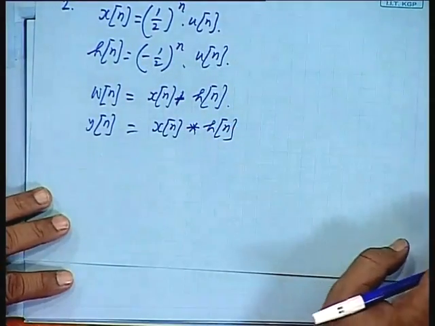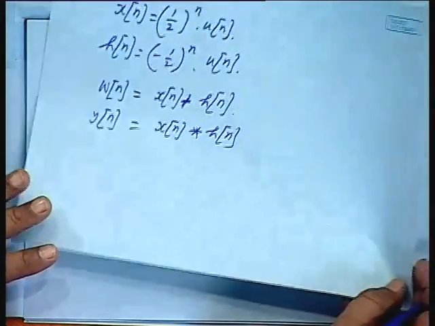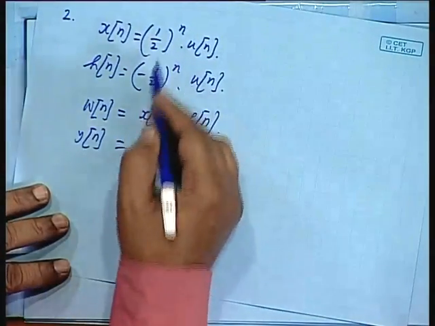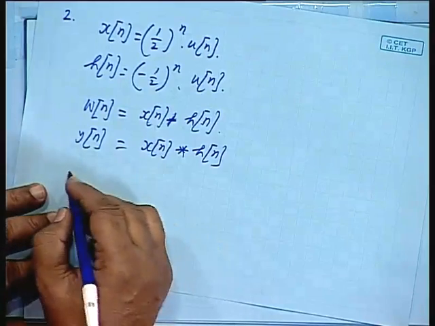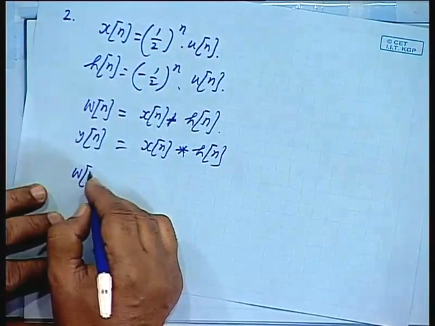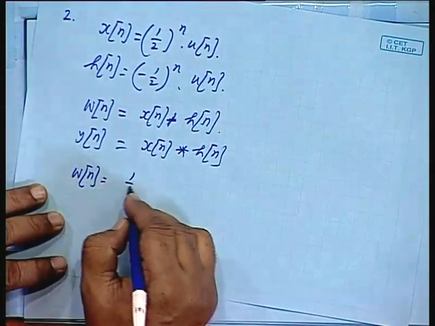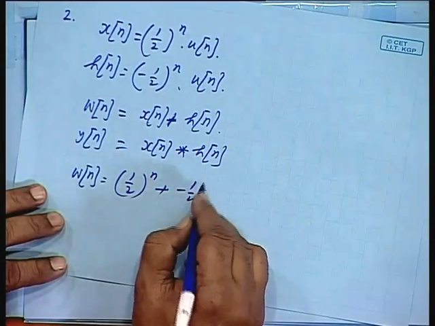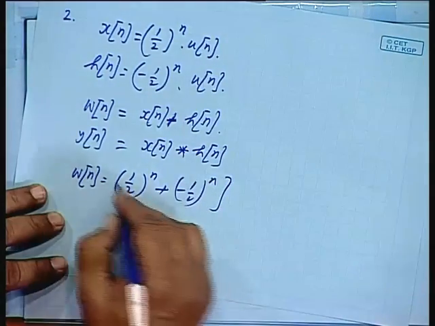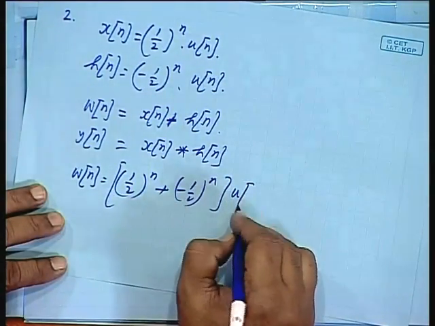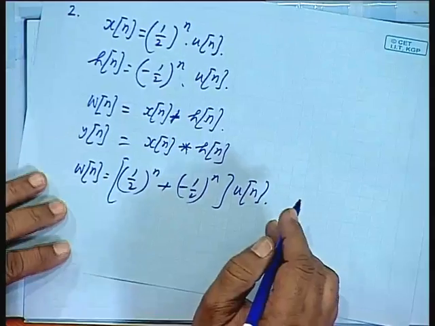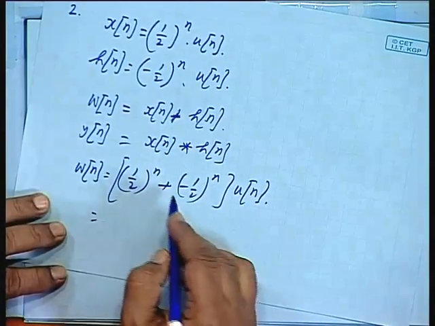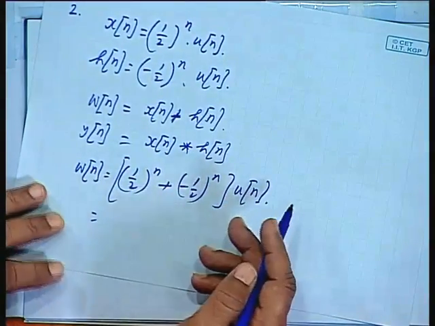Is that all right? Now, you can take these two signals together, w[n] will be half to the power n plus minus half to the power n, u[n]. Okay. Obviously, when n is odd, they will get cancelled.